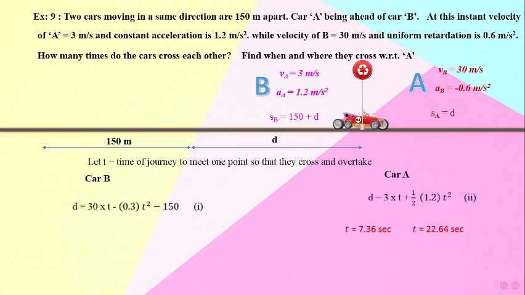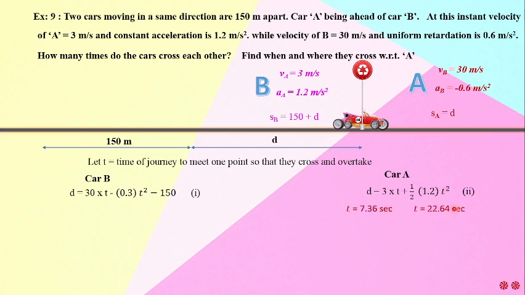So we have two times, so we get two displacements: displacement at T equal to 7.36 and displacement at T equal to 22.64. So what I have to do is substitute the values one by one in equation number 1 or 2, whatever it is. Is it okay?